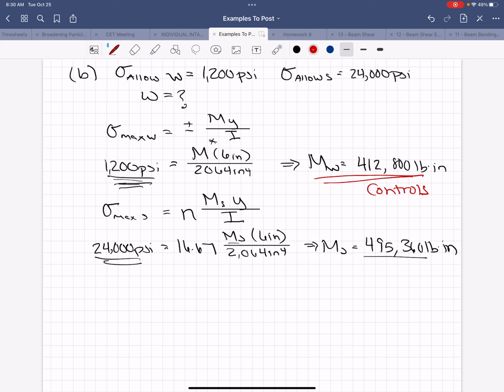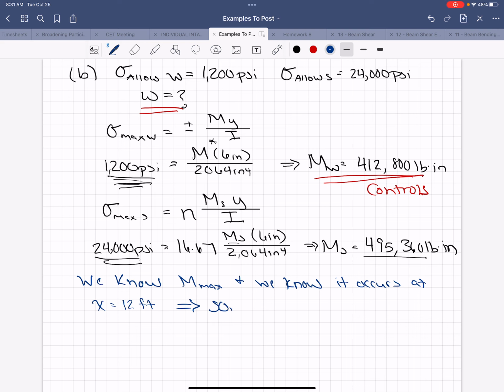Now, the hard part is solving for W. So we know M max, and we know it occurs at x equals 12 feet on the beam.